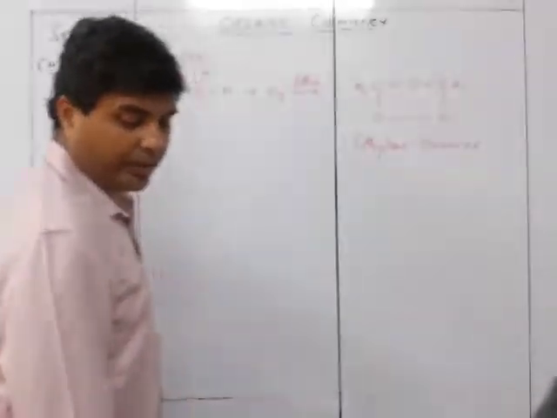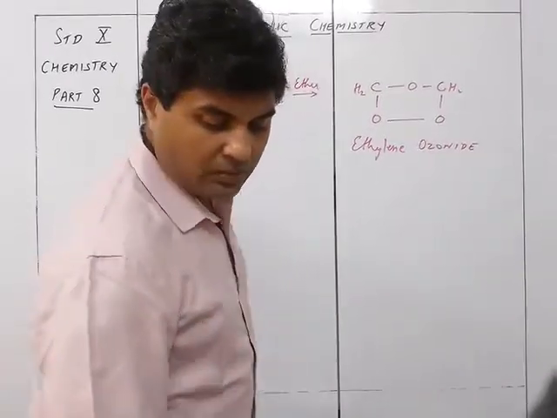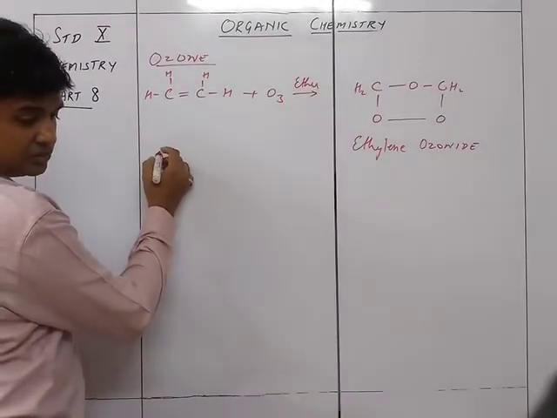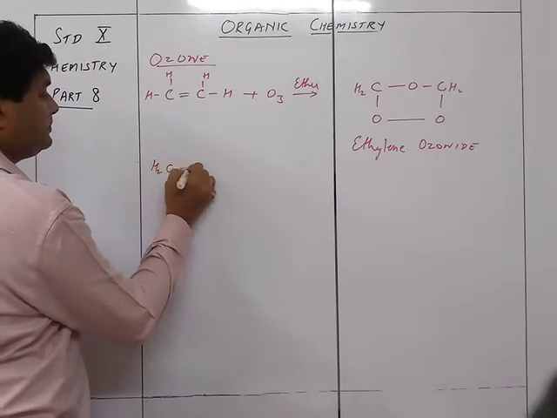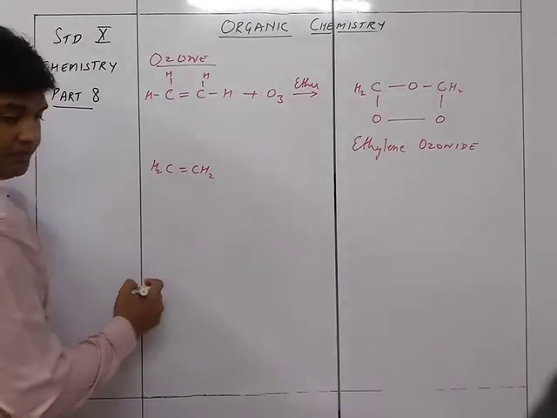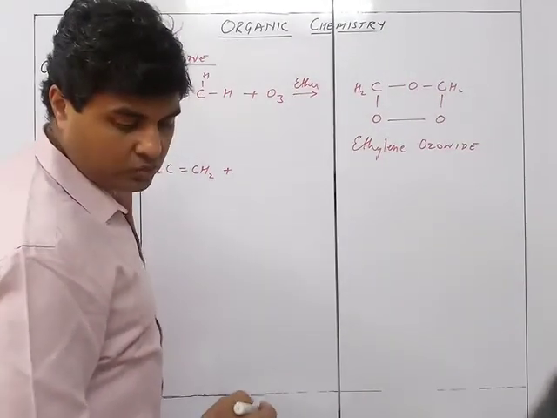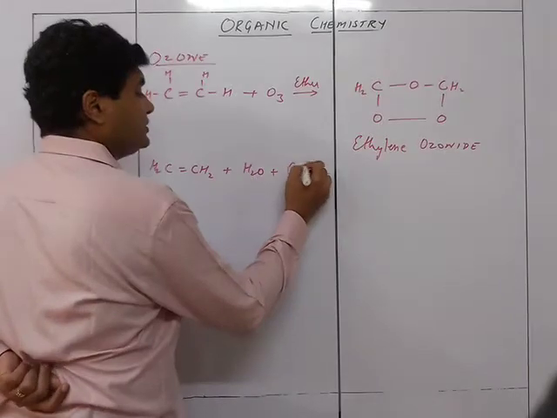The next is a very simple oxidation part, when you are converting the ethene with KMnO4. So it is oxidation. With cold KMnO4, H2C double bond CH2 plus H2O plus nascent oxygen.